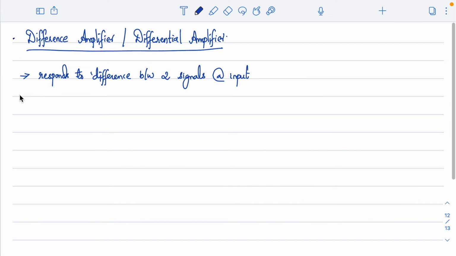Now one more important feature of this differential amplifier is, while amplifying the difference between the signals available at the input, it should also reject the signals which are common to both the inputs.